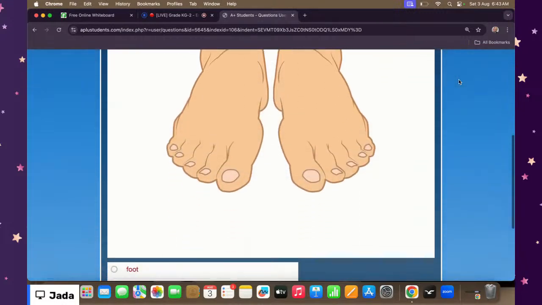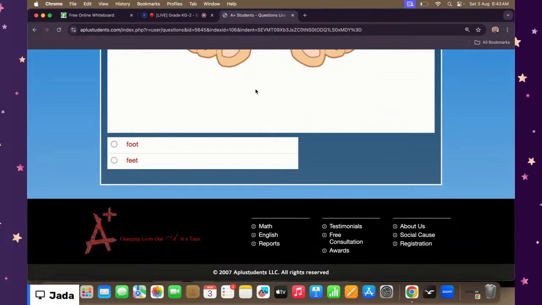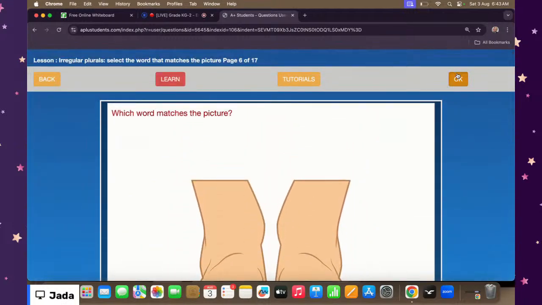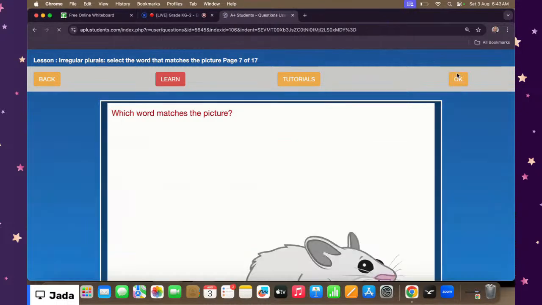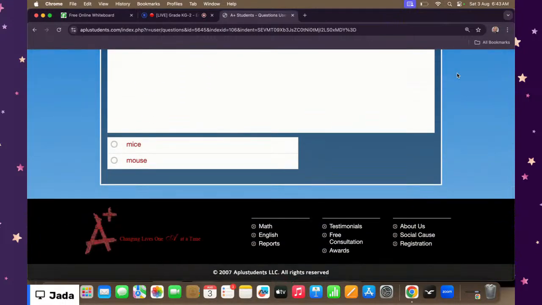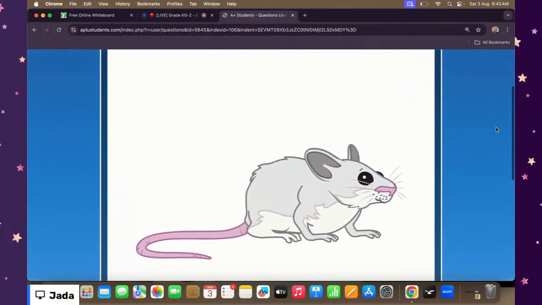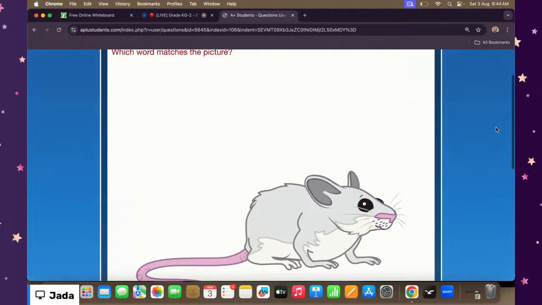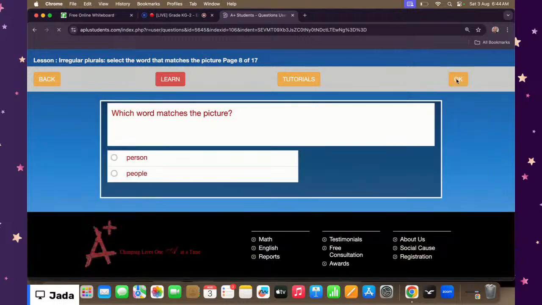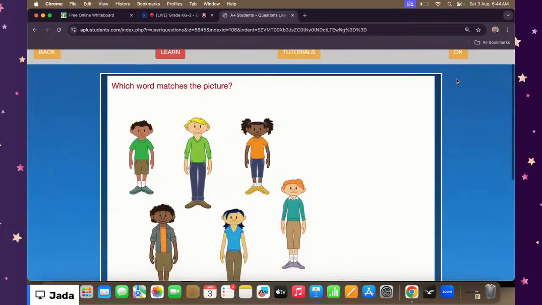And then we have feet here. Take note, if it's one, it is foot, and if it's more than one, feet. One mouse. Remember, if it's plural, it is mice, but since it's one, it's mouse. So what is this now?